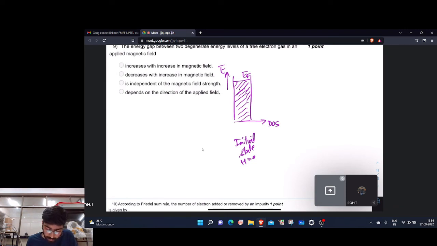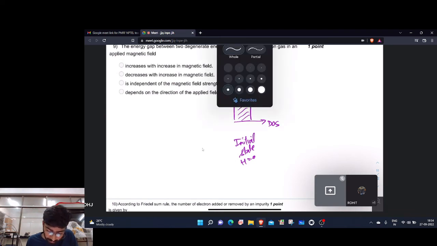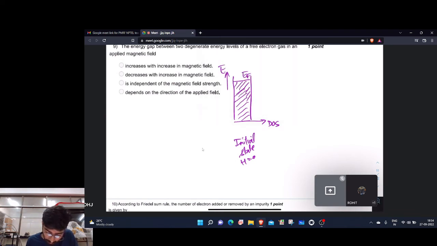Now on the application of magnetic field, these states merge together and become degenerate. So there is degeneracy coming up. We have some finite states. All these states corresponding to this energy merge into one.